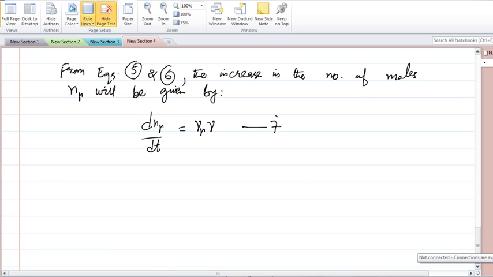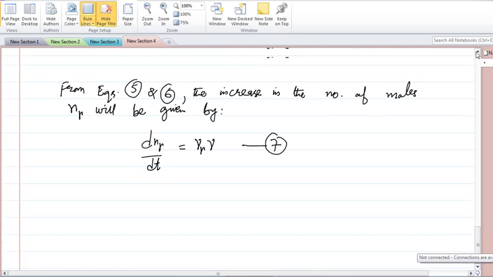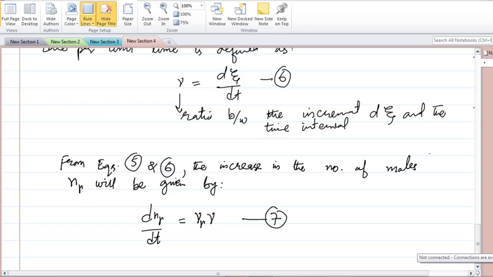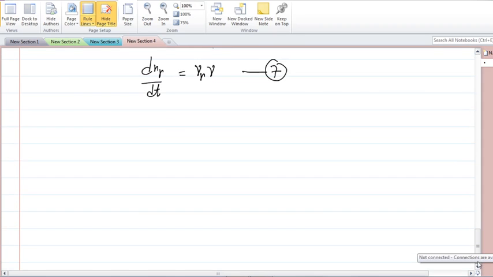So this is equation number 7. So this is equation number 6 and this is equation number 7.